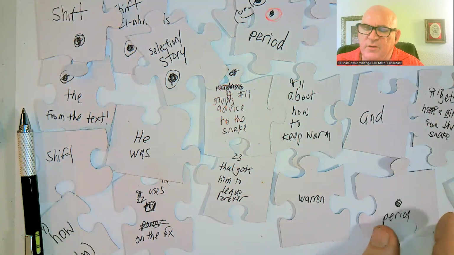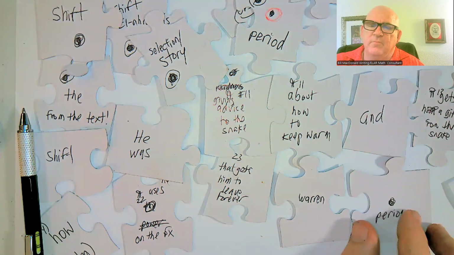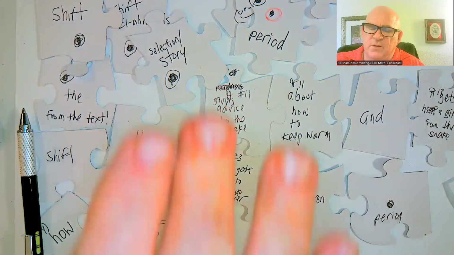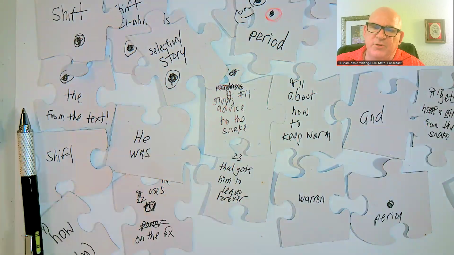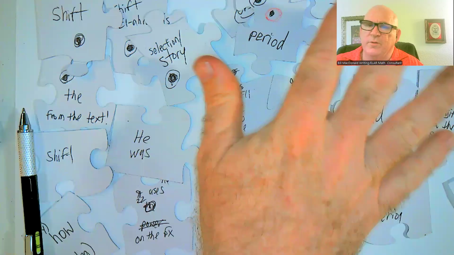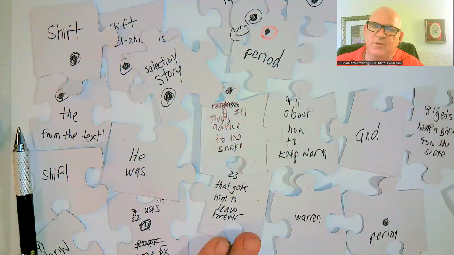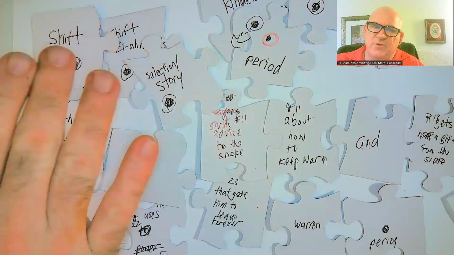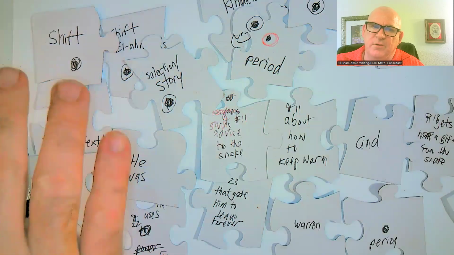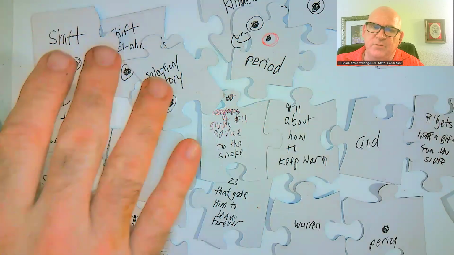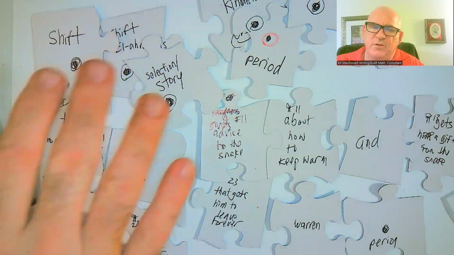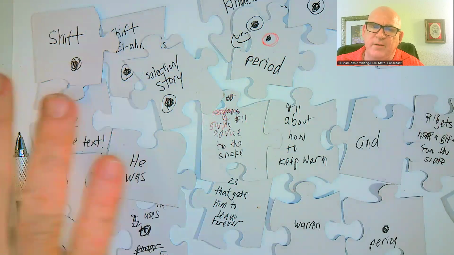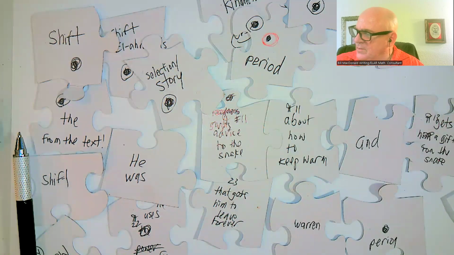Semicolons or colons, if you're going to use those in secondary, make sure the kids allow the punctuation marks to have their own puzzle piece, because we want to make sure that every sentence starts with a capital. Underline capitals: the first word, proper nouns.